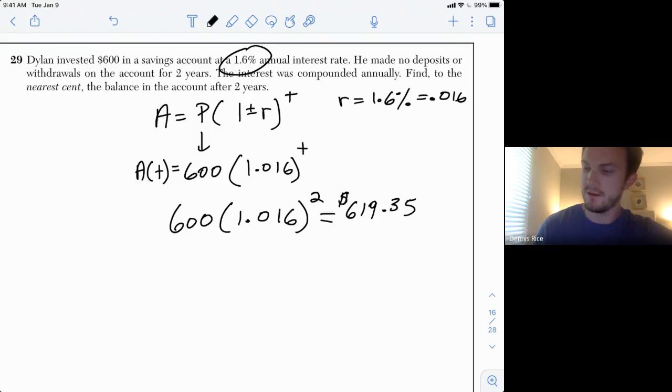Someone double check me there. Okay. We make the percent into a decimal by dividing it by 100, or basically moving it 2 spots to the left. They said 2 years, so we plugged in a 2 for T.